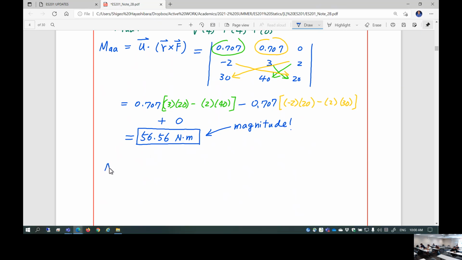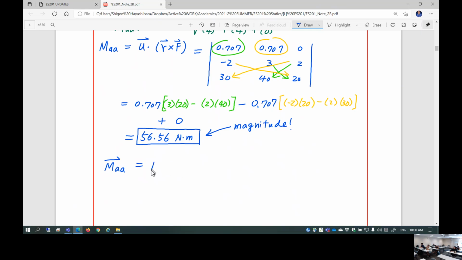So what you want is the moment developed along the axis AA. So how'd you do that? Yep. Just multiply back again with the unit vector in the direction you want. Simple deal.